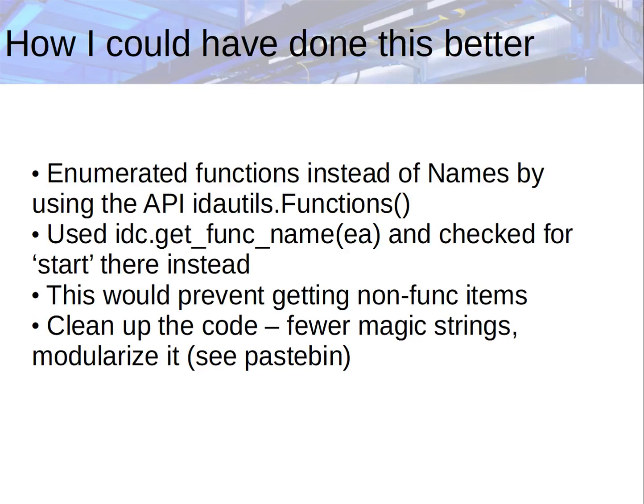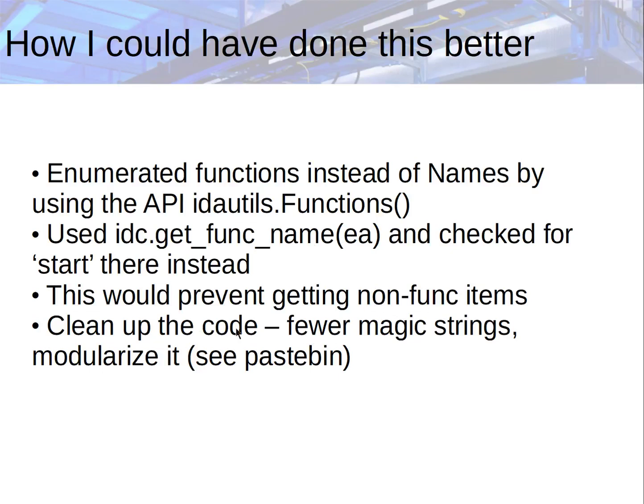So what I could have done is enumerated functions instead of names by using the API idautils.Functions instead of idautils.Names. And then I could have used idc.GetFunctionName with the address in order to get the function name and then test that for start rather than the name string for start. And then this would have prevented getting non-function items, like I said.